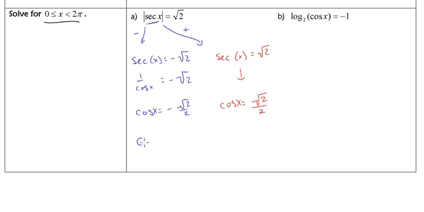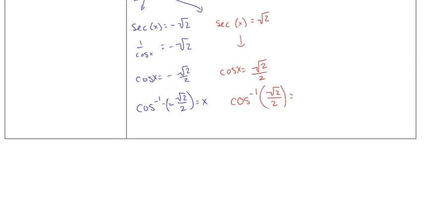The cosine inverse of negative root 2 over 2 is equal to x, and that one we can figure out without a calculator. And the inverse cosine of positive root 2 over 2 is also equal to x.